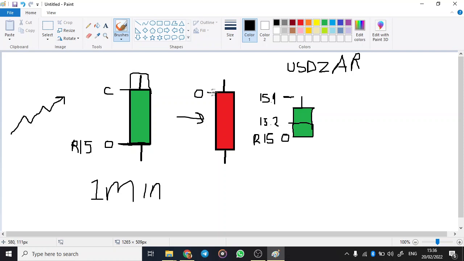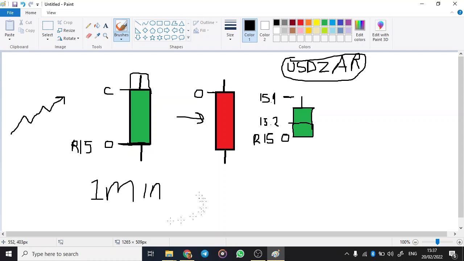After opening at that price, if the price of the instrument that is being traded, or the currency pair, let's say the United States dollar against the South African rand, drops, we will see that by the next candlestick on the second minute.